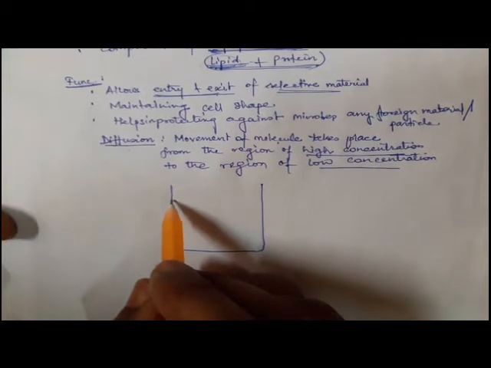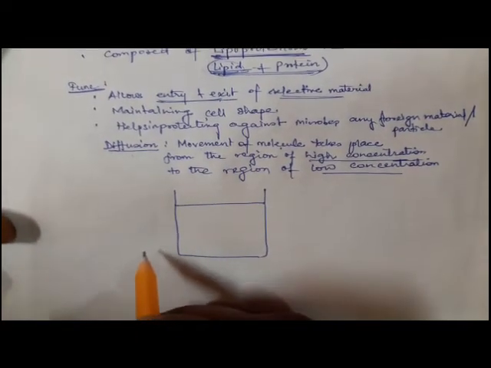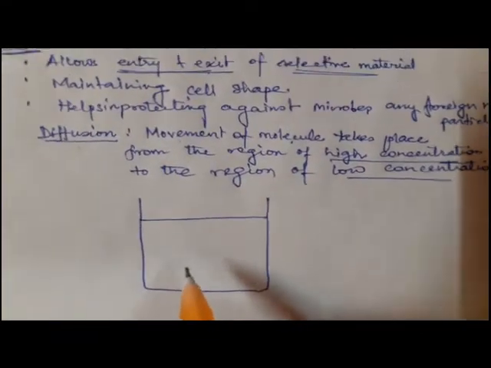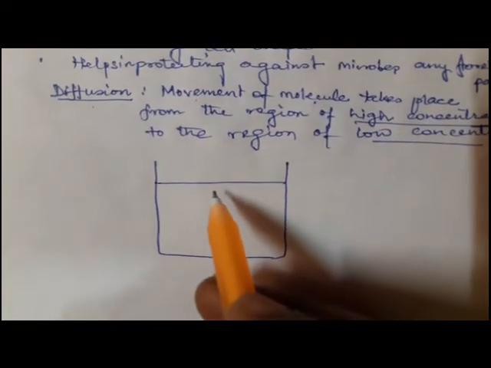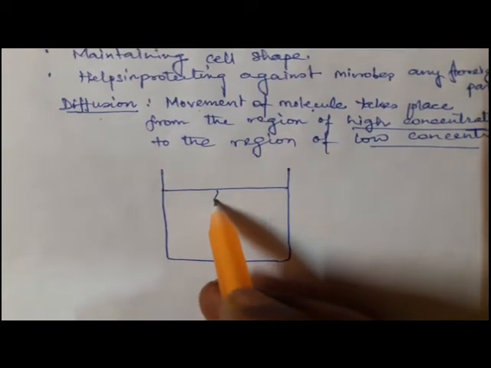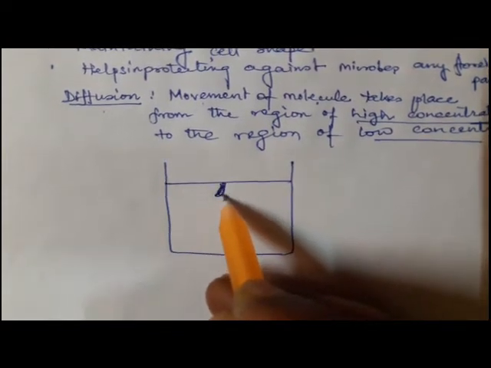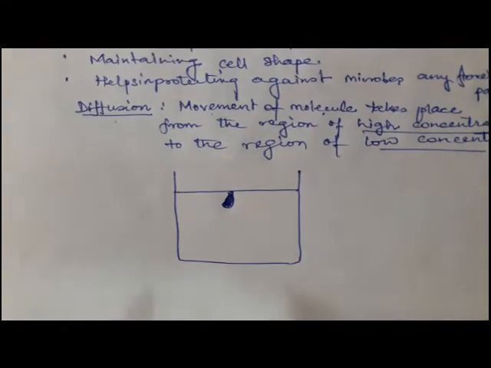Let us assume that a beaker is containing water, right? So here the beaker is completely filled with water. Now just imagine, what if I put a drop of ink right here?